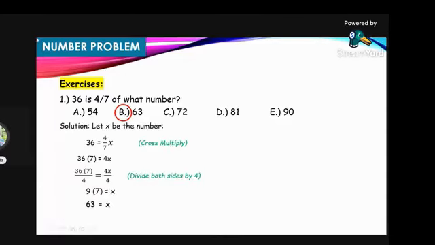Solution: 36 is 4 over 7 of a number. Then we cross multiply, and this becomes 36 times 7 is equal to 4x. You can divide by 4, since 36 is divisible by 4. It is harder if the number is not divisible.